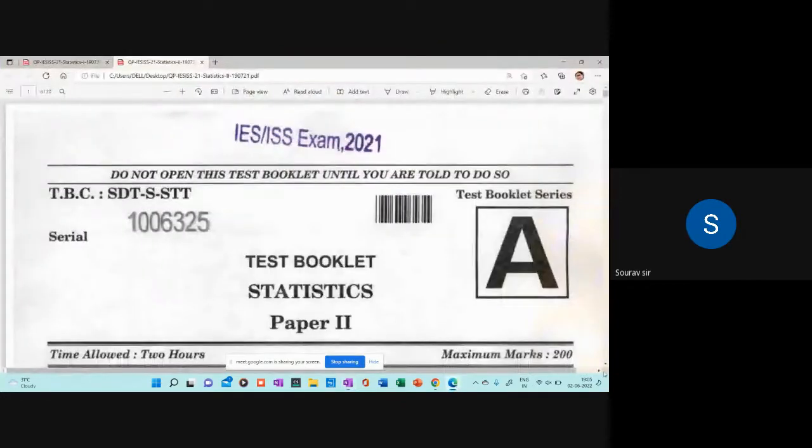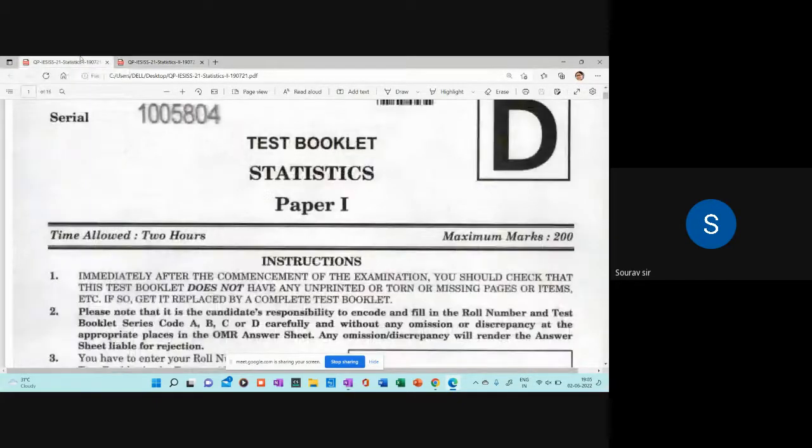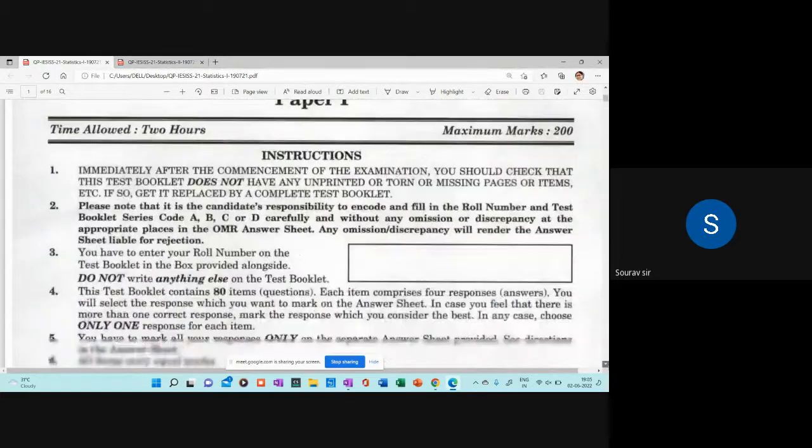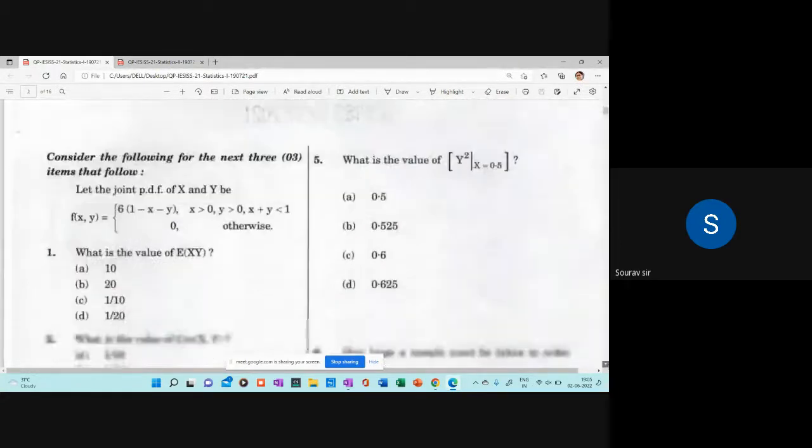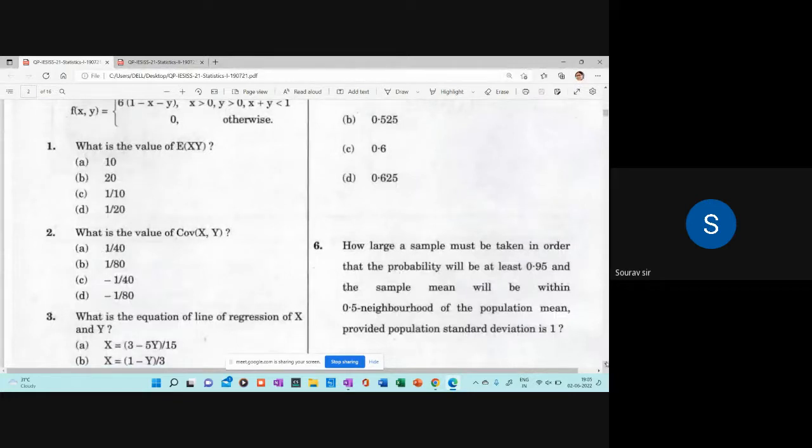Okay, so I am going to discuss, as per the instruction, some of the leftover part and questions of paper 1 and 2 of ISS of last year. As you can see, it's open in front of me and I'm sharing the question.